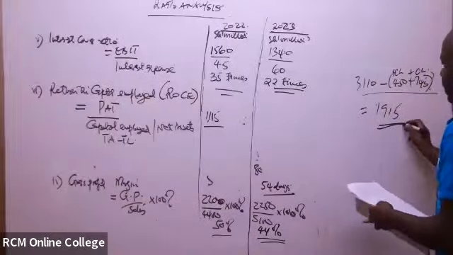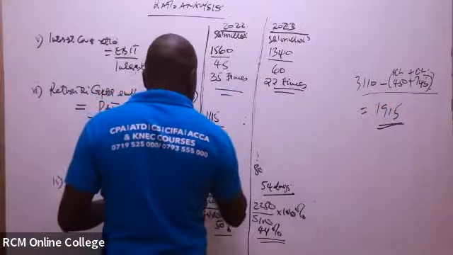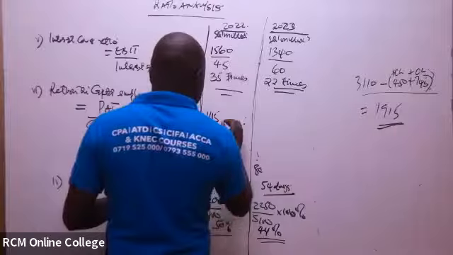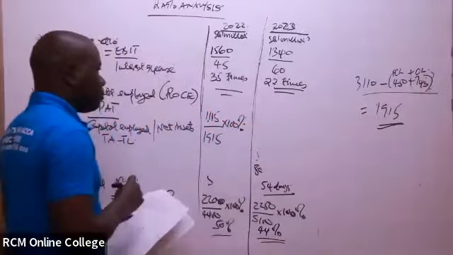When you minus, you should get 1915. Then you multiply by 100%.